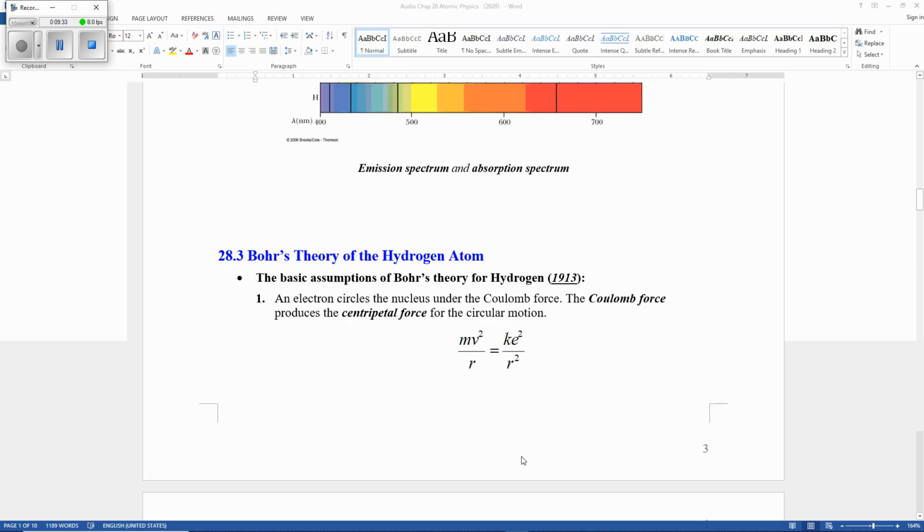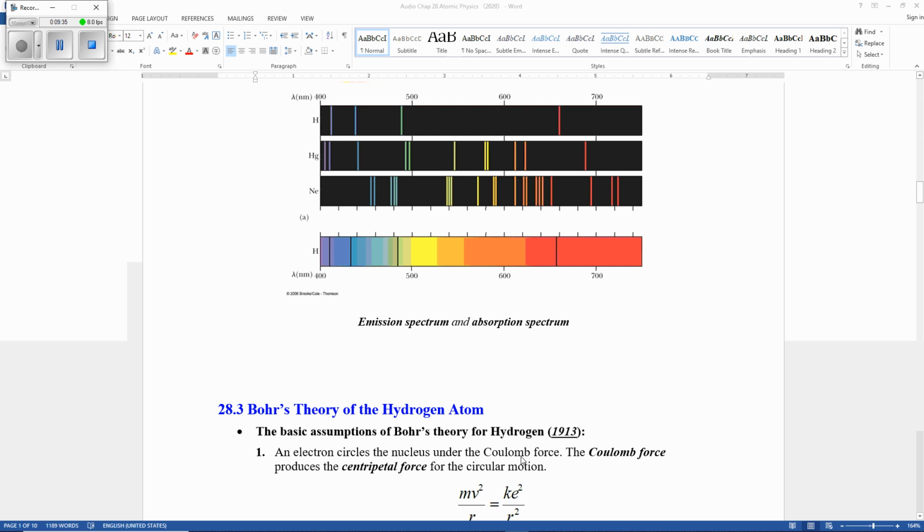So now scientists want to know why. Why do different atoms give you different colors? And what do these colors tell you? We know the different frequencies, like purple, blue, green, and red, mean different energy, right? Because the energy of the light, the photon, equals a constant times frequency.